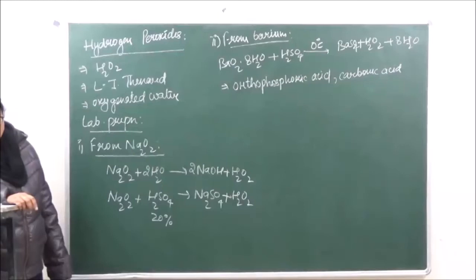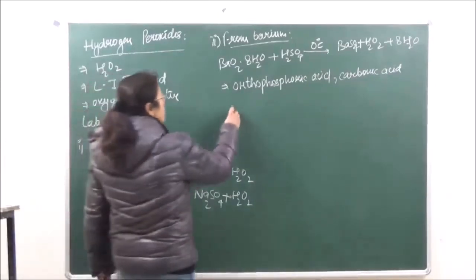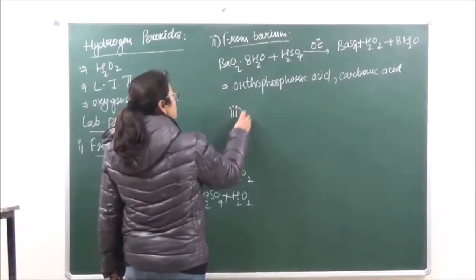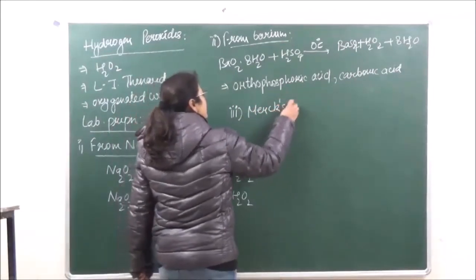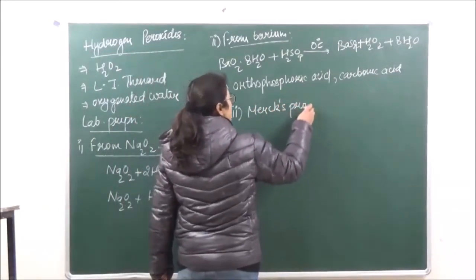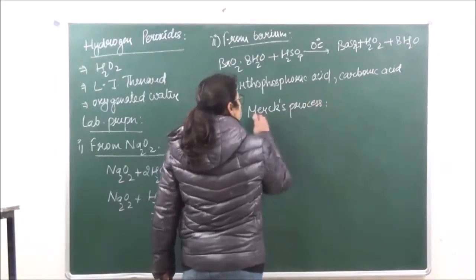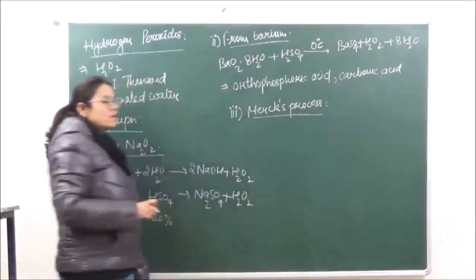The next process which we have is the Merckx process. The third method to prepare hydrogen peroxide, that is the Merckx process.